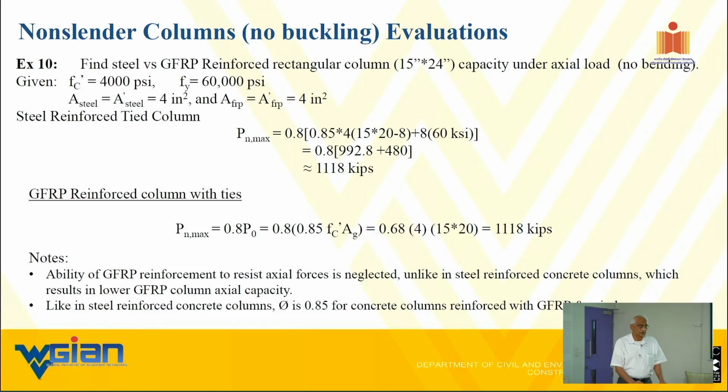One is 4,000 or 5,000 psi concrete times the area, plus 3%, 0.03, let's call it, times the steel area times the steel stress. So we already said the area is about 3%, meaning 0.03.